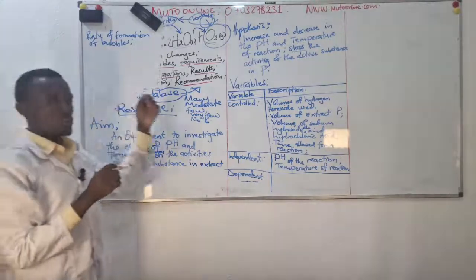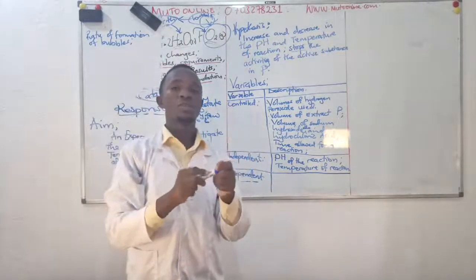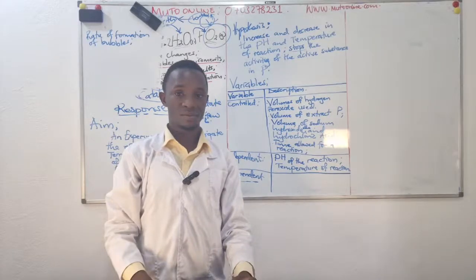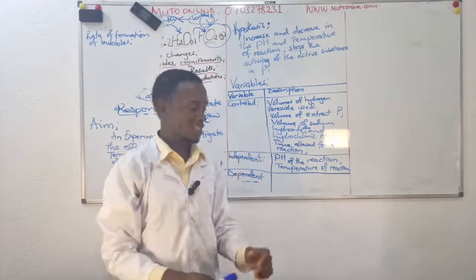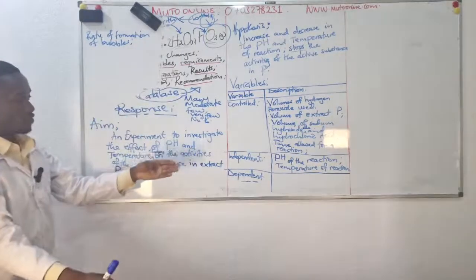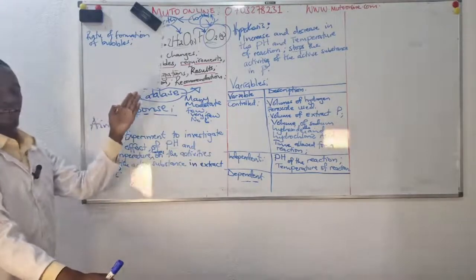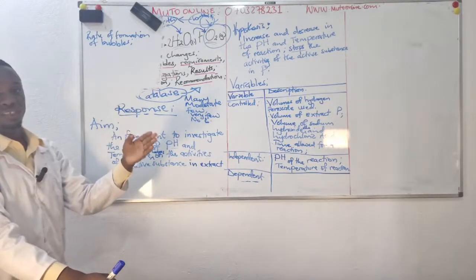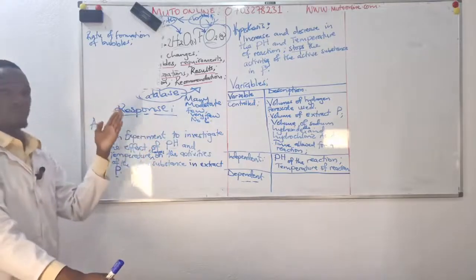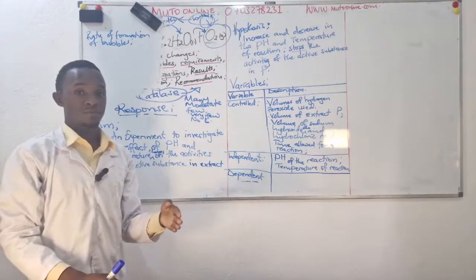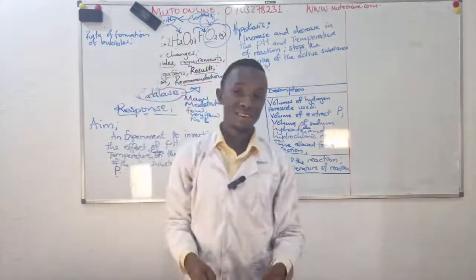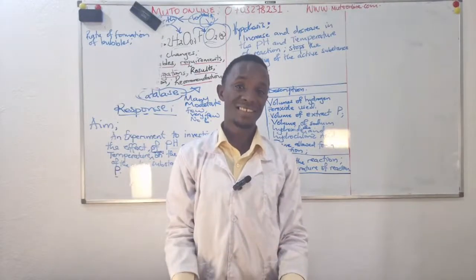We now record the rate of formation of the bubbles. You can give the observation or the dependent variable as fast rate of formation of bubbles, slow rate of formation of bubbles, moderate rate of formation of bubbles. So the dependent variable will depend on your choice.